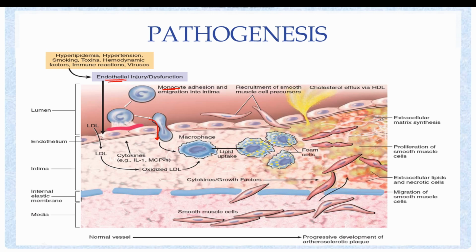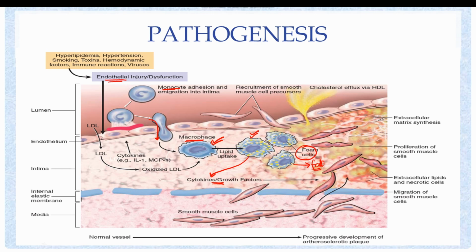So these monocytes, once they reach the subendothelium, convert into macrophages, and these macrophages, by means of scavenger receptors, take up LDLs, hence converting into foam cells. These foam cells undergo necrosis, releasing cytokines and growth factors and fat inside the core of the atheromatous plaque. These cytokines and growth factors recruit more inflammatory cells and proliferate smooth muscle cells.